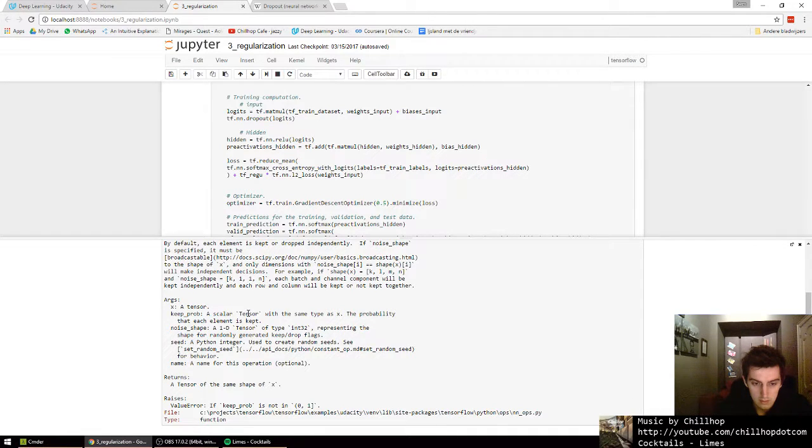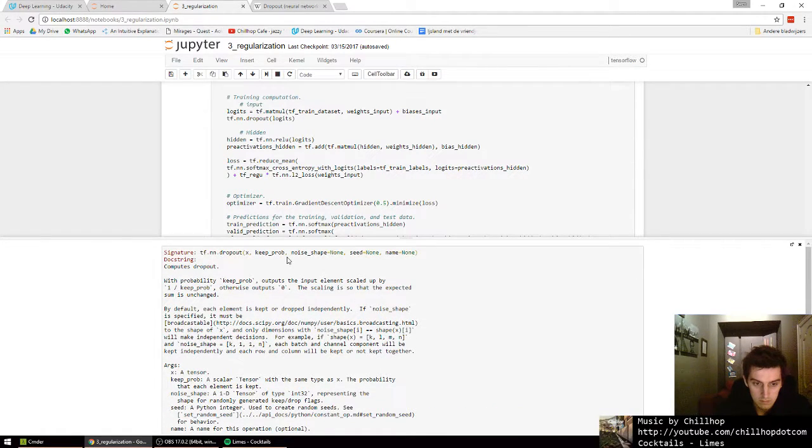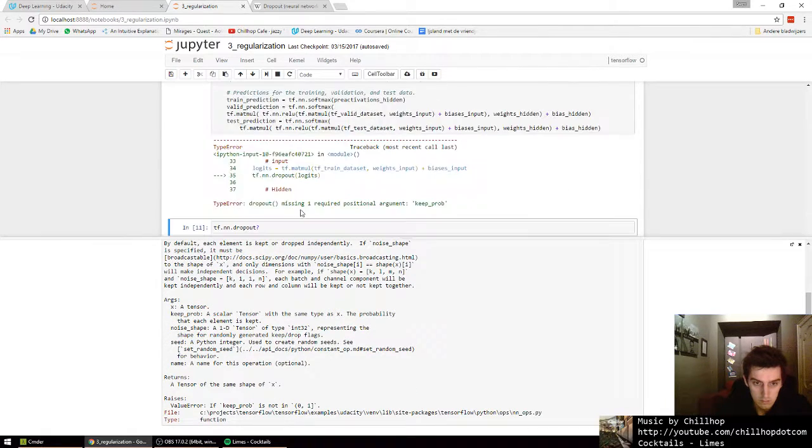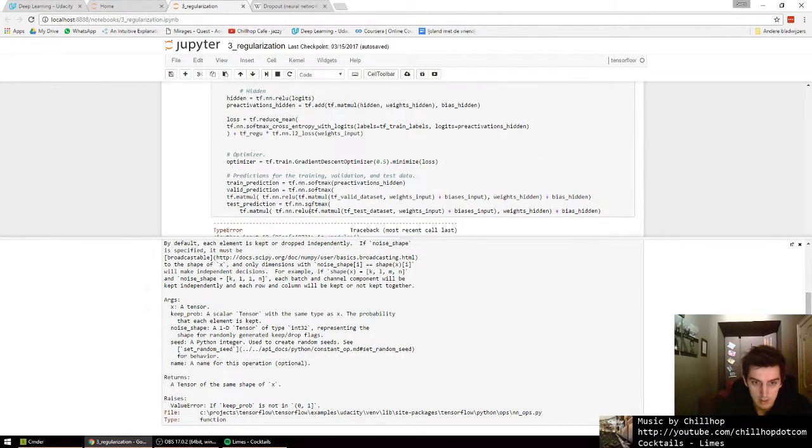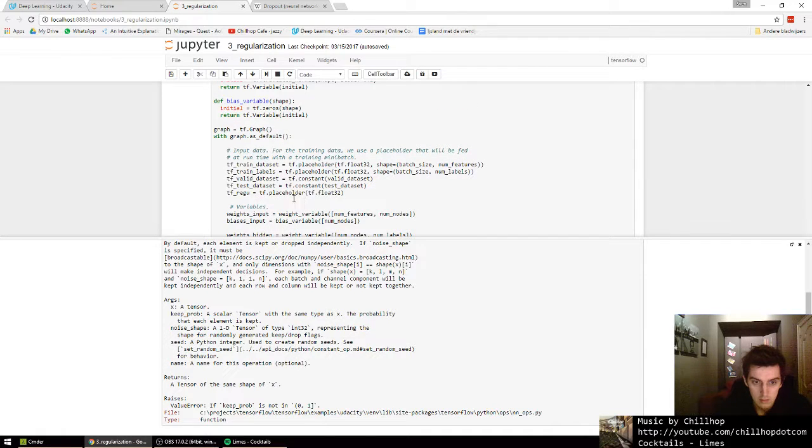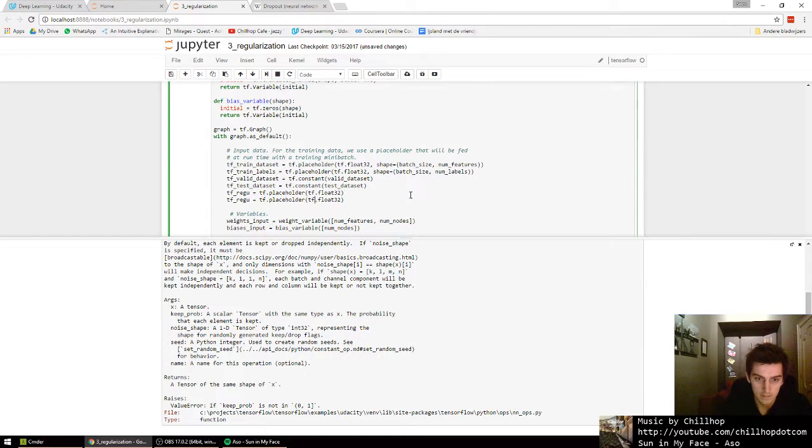A scalar tensor. Yeah, scalar, same type as x. The probability that each element is kept. So I can't just add. Well, I would need to add a new. What do I do? Dropout.